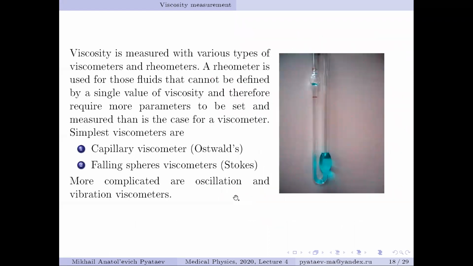What do we have in experiments in medical laboratories? Actually, in medical laboratories, you will not use Ostwald's viscometer or Stokes viscometer because they are not easy for application. One should pump liquids in one of them, put some balls and liquid in another one.